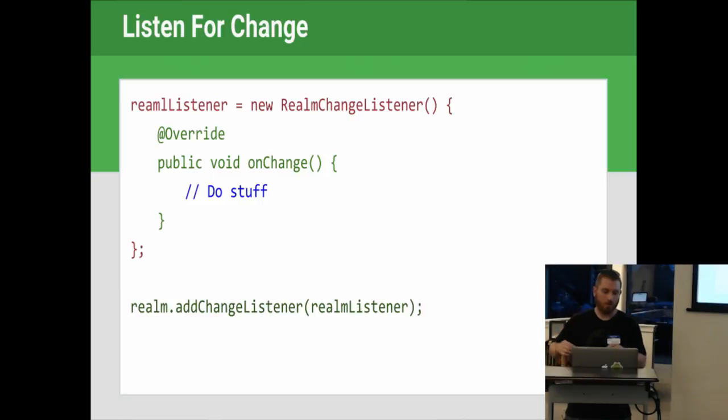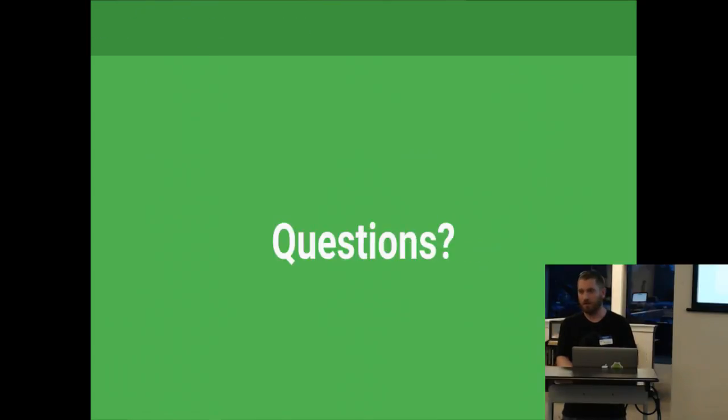Realm has a very lazy implementation of this, where you get this on-change callback. So inside of your fragments, your activities, you can listen for it, just like broadcast receivers, and it just says, hey, something happened, do something about it, and your code can fire events. And that's all for free and cross-thread as well. So kind of like an event bus.